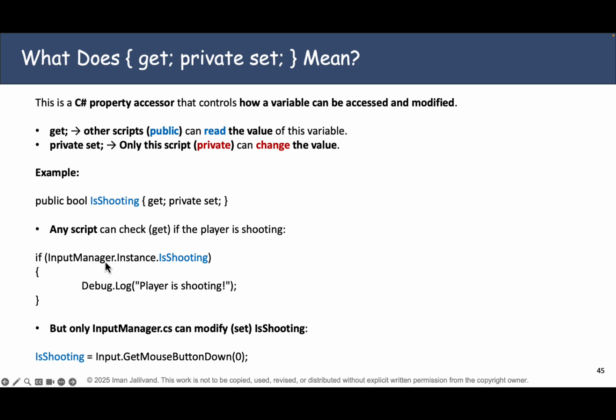And this is an example of how you can access it: you can use InputManager.instance and then refer to that isShooting variable and do whatever you want with it. But only the Input Manager script can modify or adjust the isShooting value. So you can define it however you want, either GetMouseButtonDown or whatever you have in mind to modify the way the variable is set. So is this clear? Any questions on this?